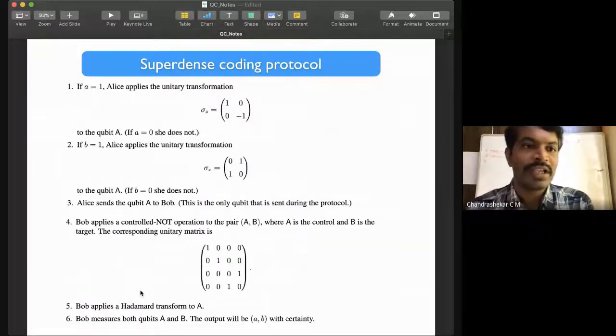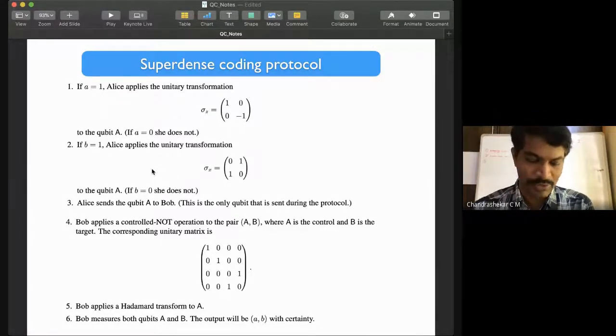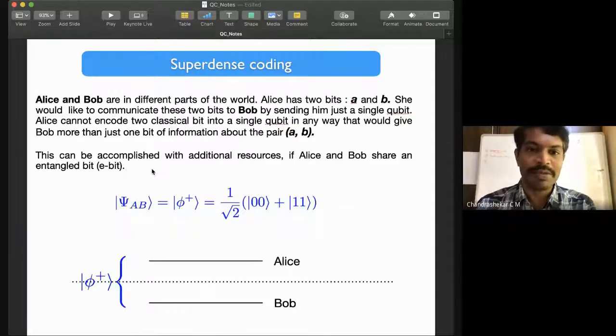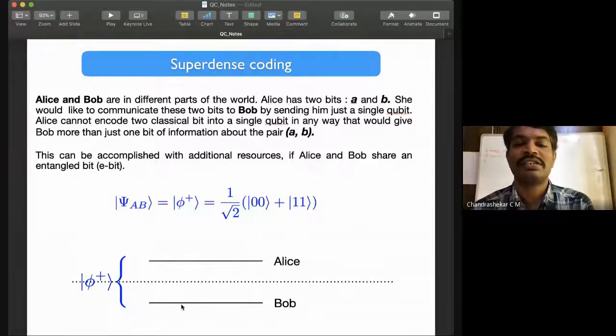If Alice wants to send A and B, the pair, she decides on some operations on the qubit with her, such that instantaneously some change happens to the state with Bob.